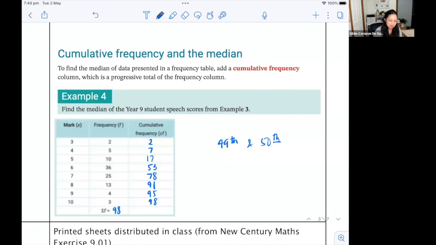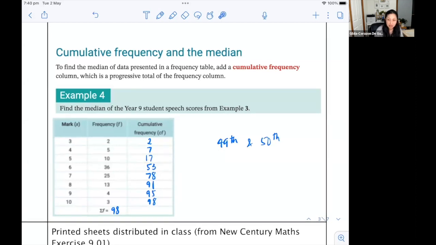Where is that number? Well, the cumulative frequency would tell you that your first and your second number is 3, right? Your third up to the 7th number is 4. Your 8th up to your 17th number is 5, right? Your 18th up to your 53rd number is 6. And since we're looking for the 49th and the 50th, what can you say about the median?